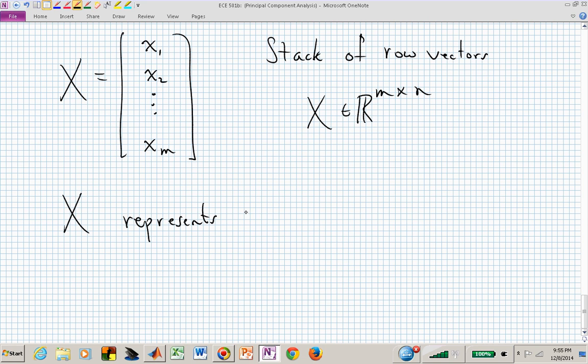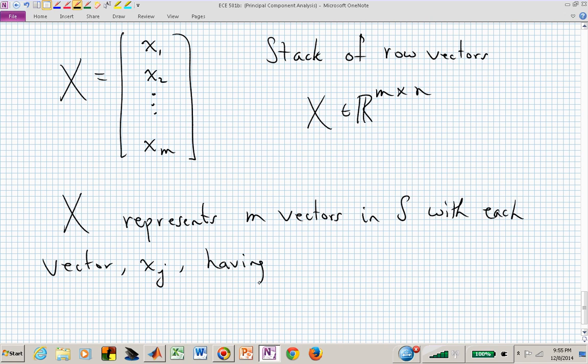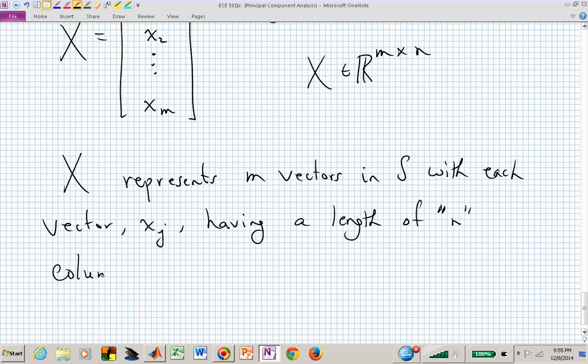So X represents m vectors in S, with each vector x sub j having a length of n columns or coordinates.